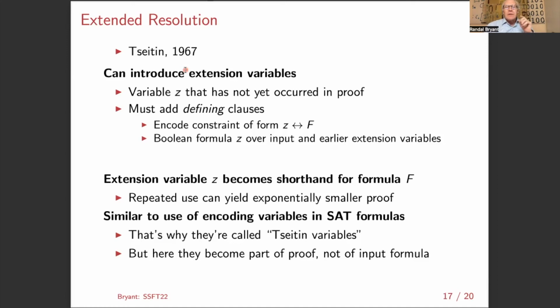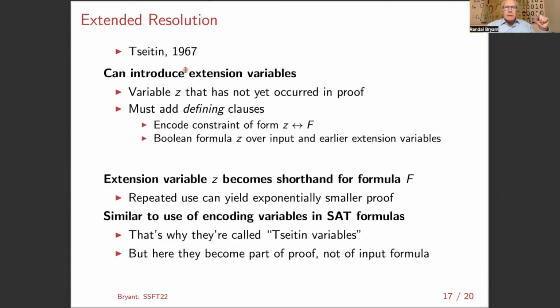And the idea of this is we'll do that same encoding trick you saw in turning formulas into CNF, of introducing new variables, but these new variables will be in the proof, not in the input formula.